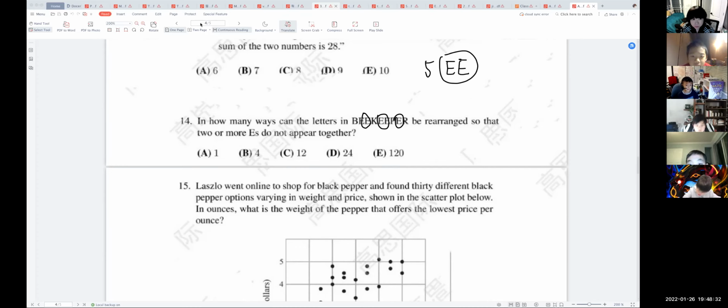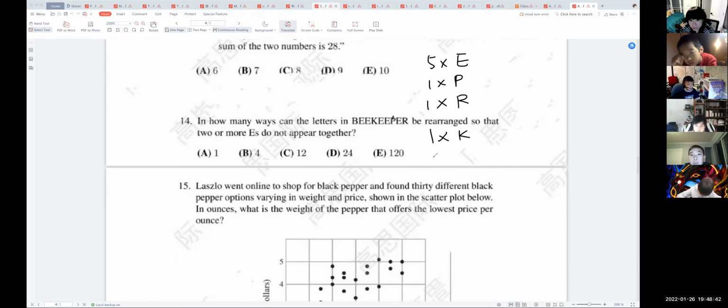So for this question, we're going to think about it. How many e's are there? There are 5 e's and 1 P, one R, one K, and one B. Correct, everybody? Yeah. Okay, so B, K, R, P need to be put inside what?